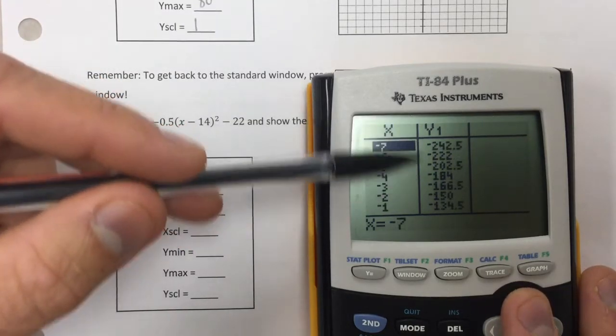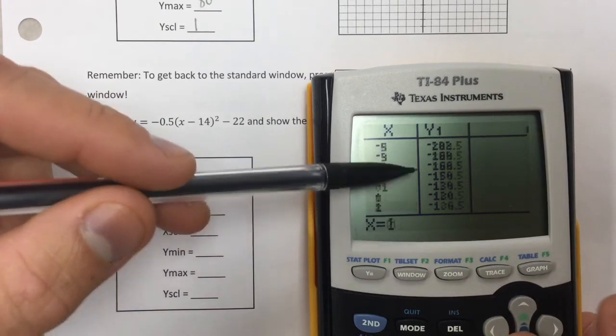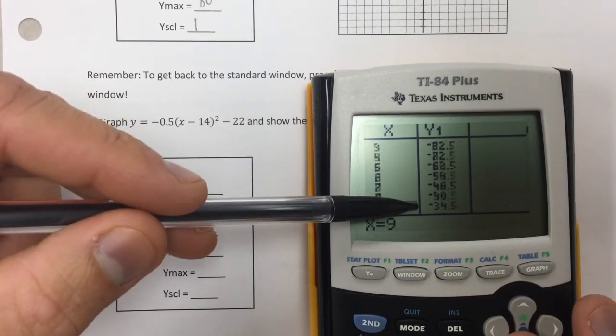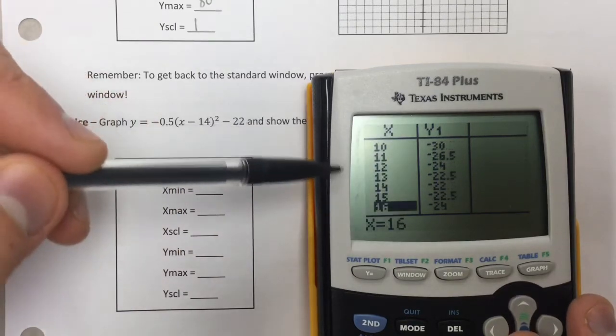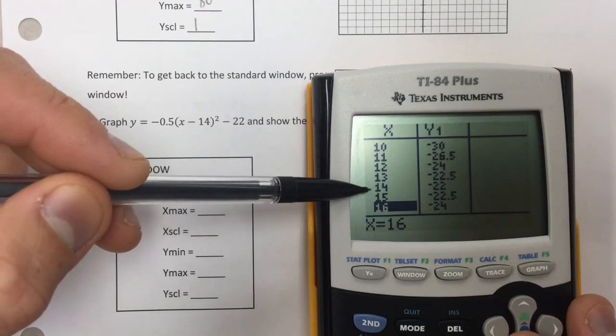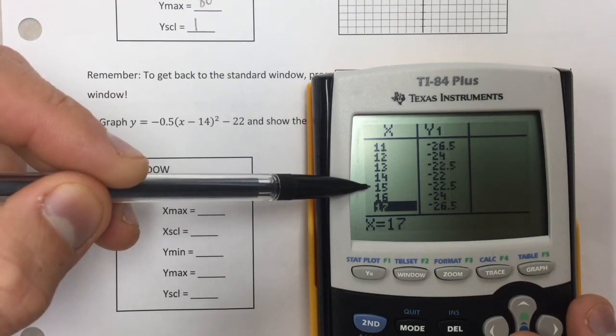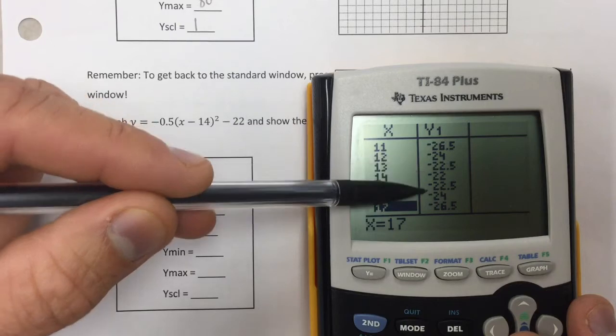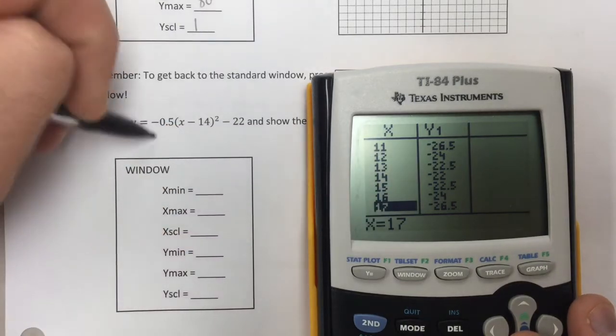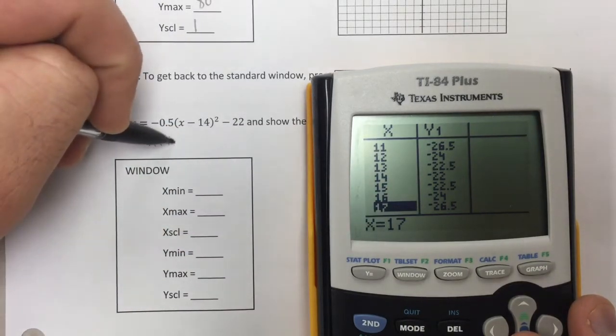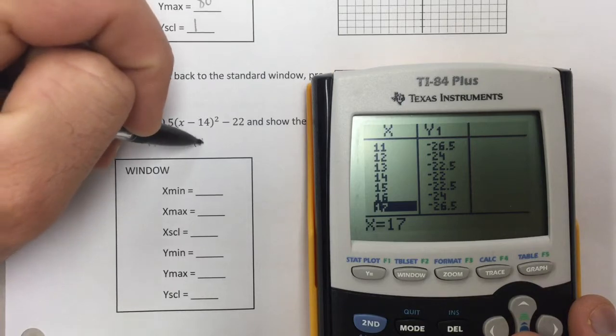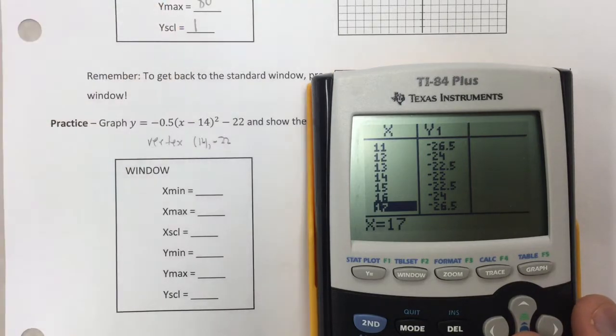Do you see how these are getting more negative? So I want to try and go this way. And now look right here, 14, negative 22. And then I see that symmetry on either side. So our vertex in this case is going to be 14, negative 22.